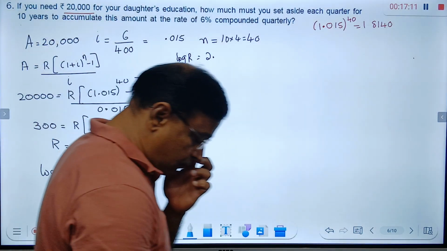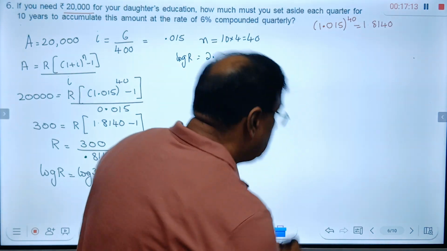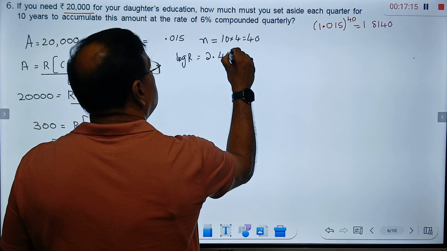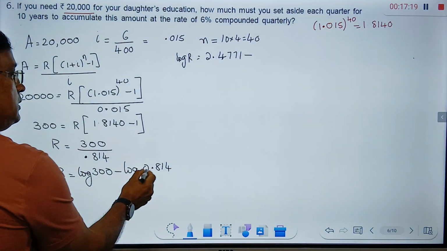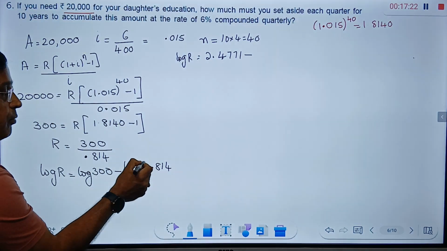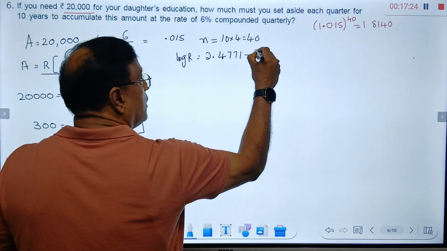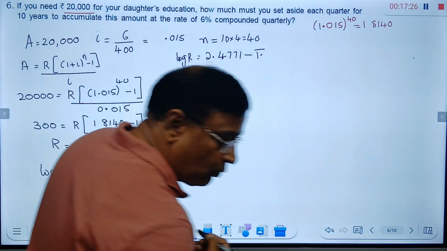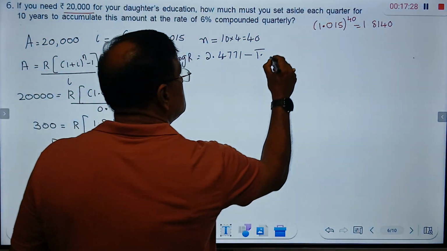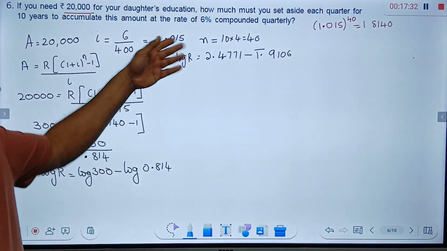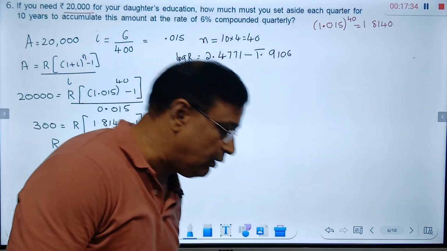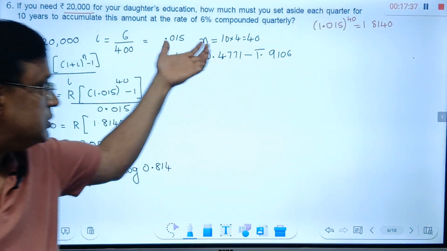Log of 3 is .4771. Minus, what is the log? Here since it's 0 point, it will be bar 1 point. Log of 814 will be .9106. You can always check the log table. I don't have time for those things, so I already have these values with me, so I'm just using it.